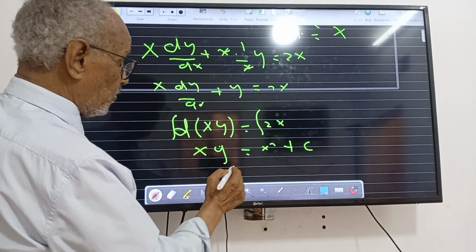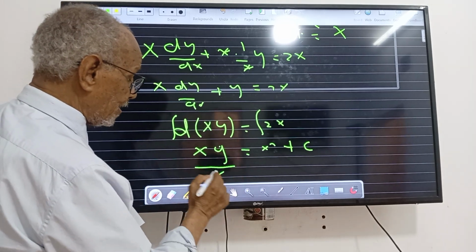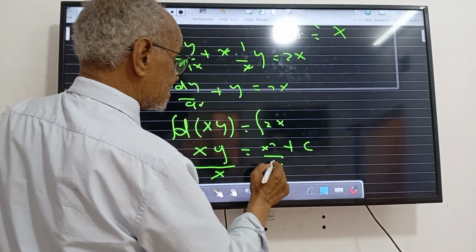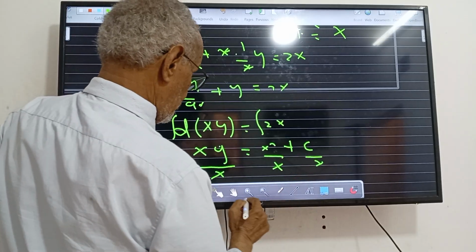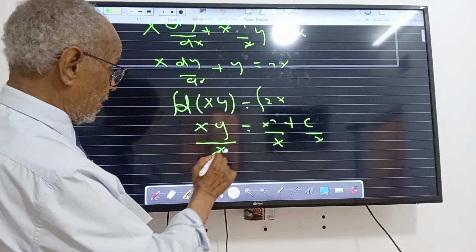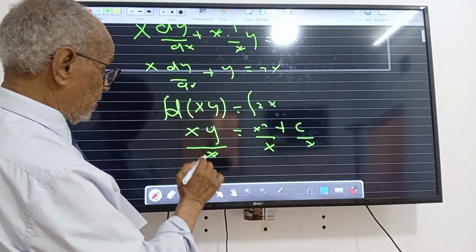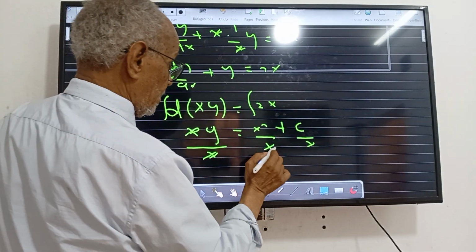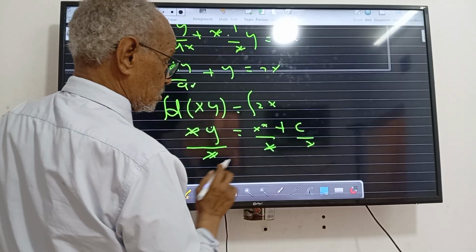Now divide all terms by x. So you will get, this will be cancelled with this, and this will be with the square.